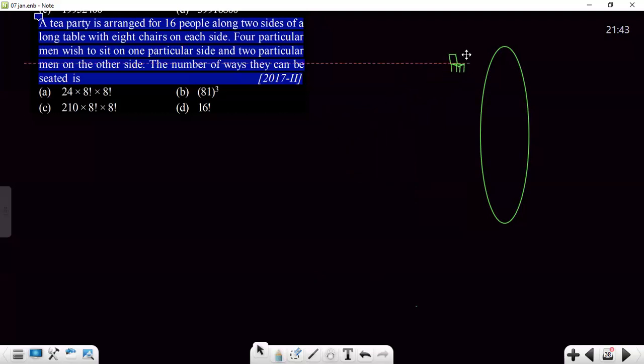There are eight similar chairs placed. Four chairs are these.